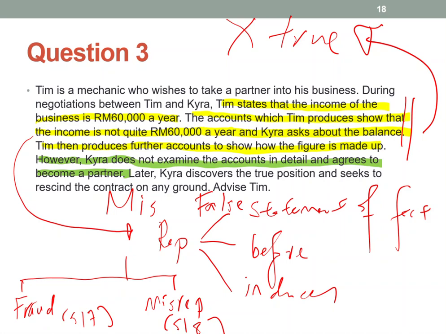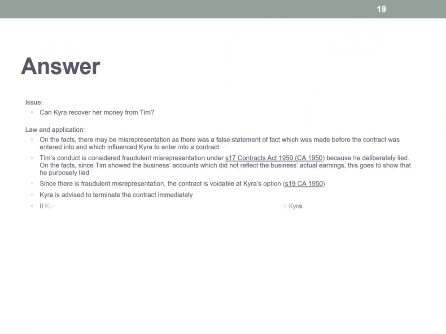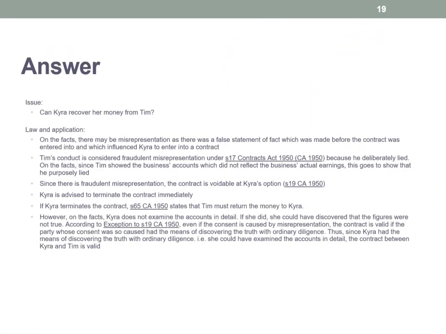This is stated in the explanation to section 19. So what you can say over here is, too small, let me make it a bit bigger.